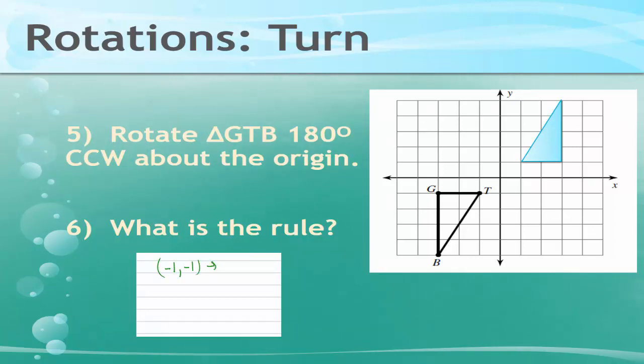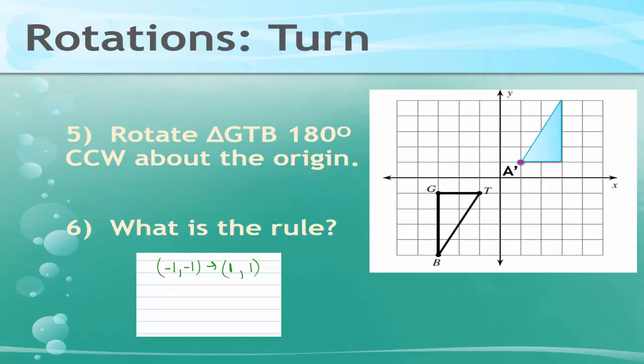It will become the opposite. The opposite of negative 1 is positive 1. The opposite of negative 1 for my y value is positive 1. So T prime, A prime, you see what I'm dealing with. Apparently I forgot to change that value, but that's okay. T prime, which I labeled as A prime, will be found at the point (1, 1).